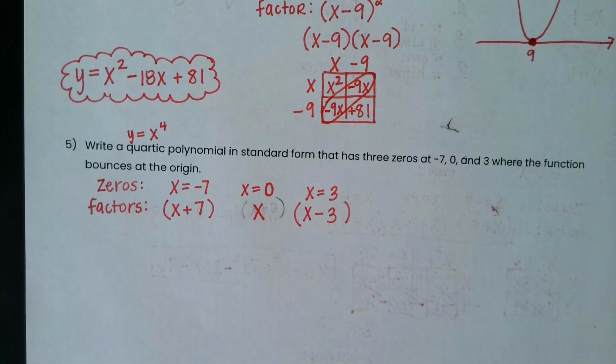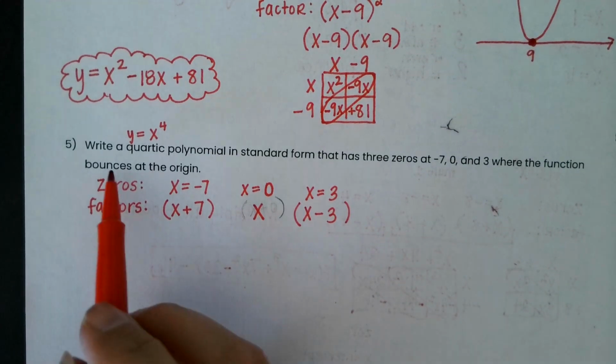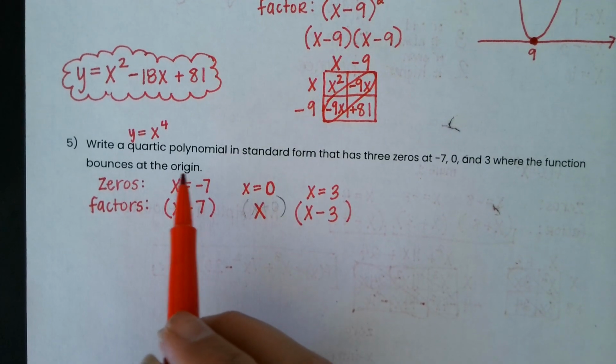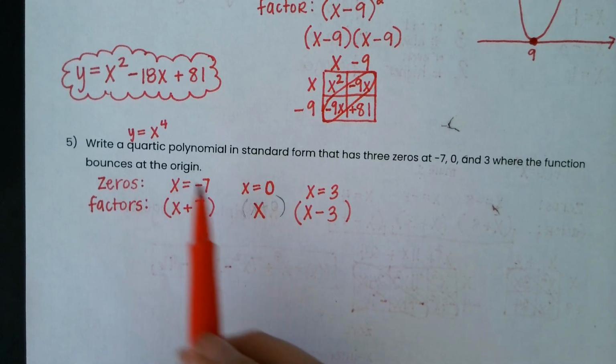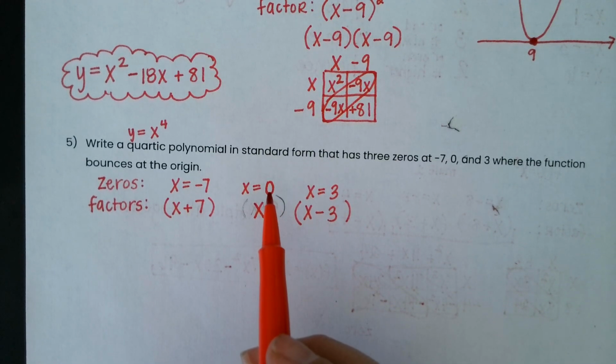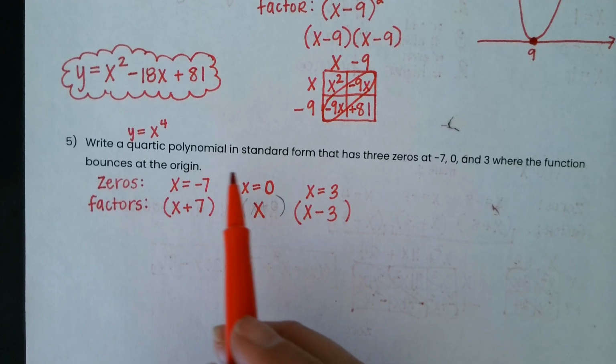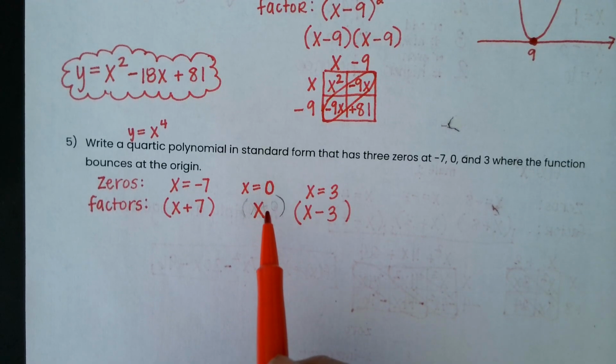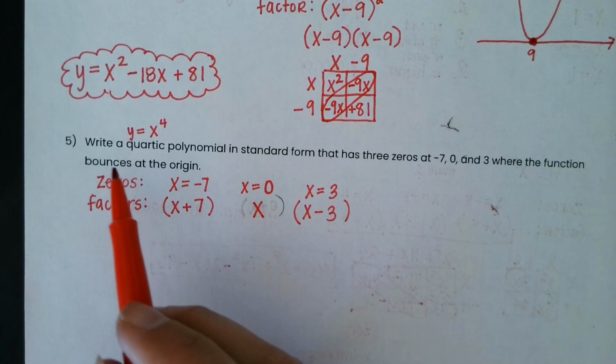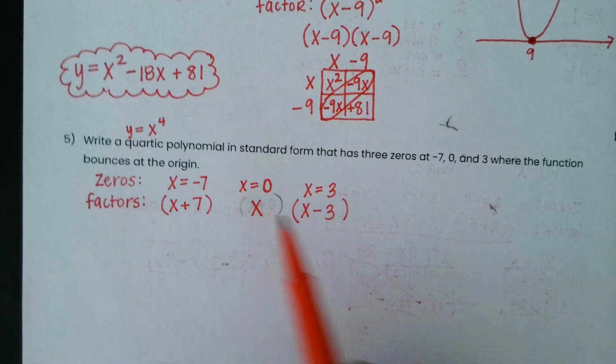And then one of them bounces. It bounces at the origin. What number is the origin? X. Good. The 0, right. Number 0 is the origin on your graph, 0, 0. So that one is going to bounce, so it's going to have a multiplicity of 2.